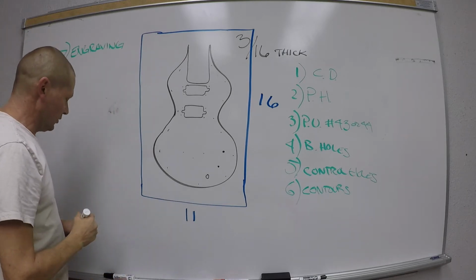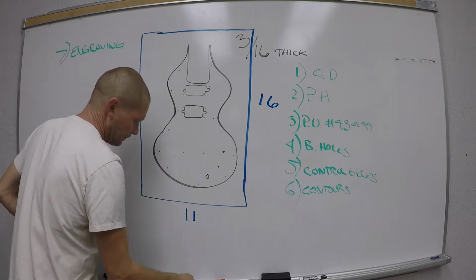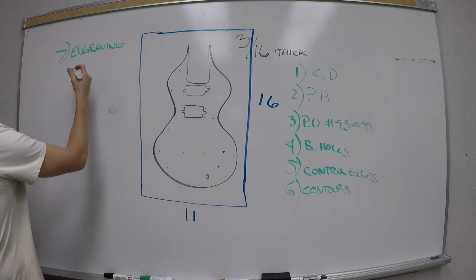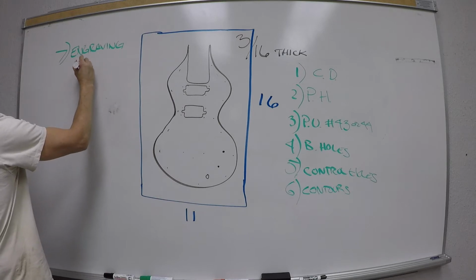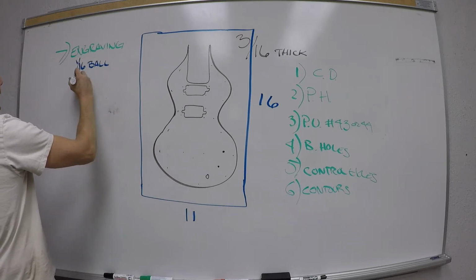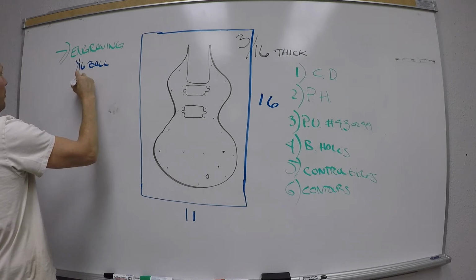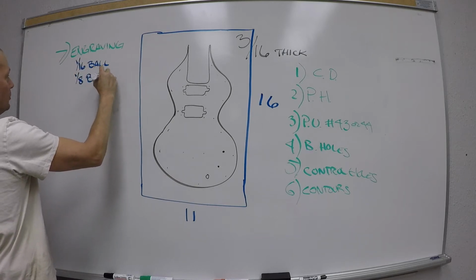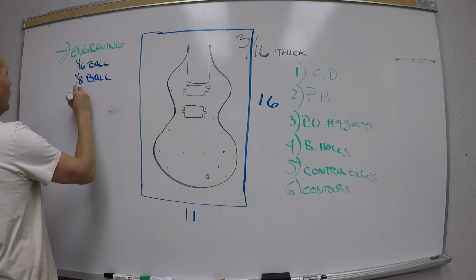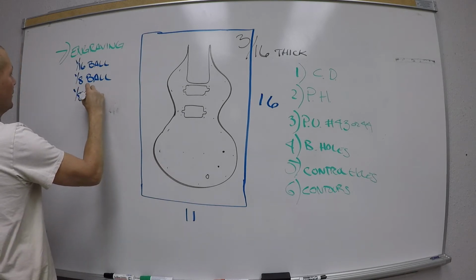What I'm going to be using for the engraving, there's a pattern, there's a design on here, okay? I'm going to be using a 1/16 ball end mill, a 1/8 ball, just for some highlights, and I'm going to use a 1/8 engraving tool.